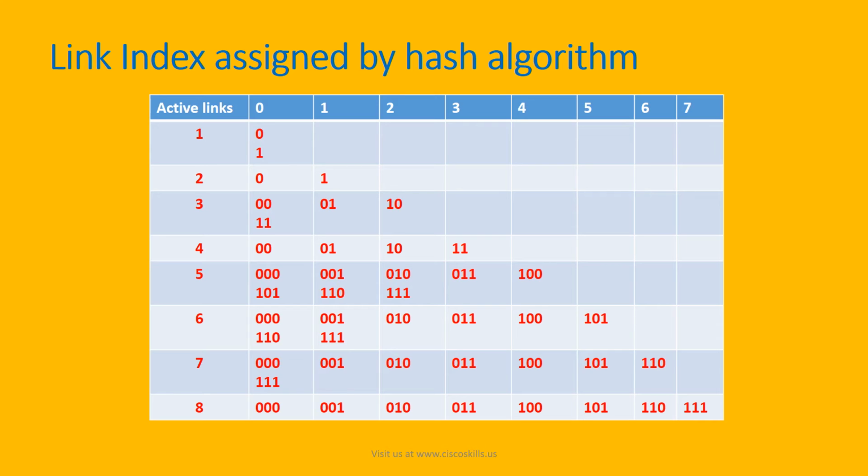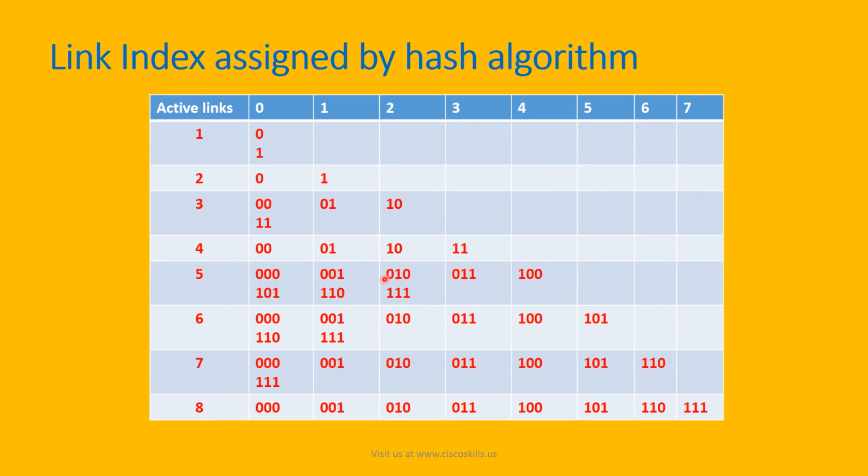Now if we have 5 active links, and after the bit or the XOR operation, if the result is 0, 0, 0, link number 0 will be used. 0, 0, 1, link number 1 will be used.